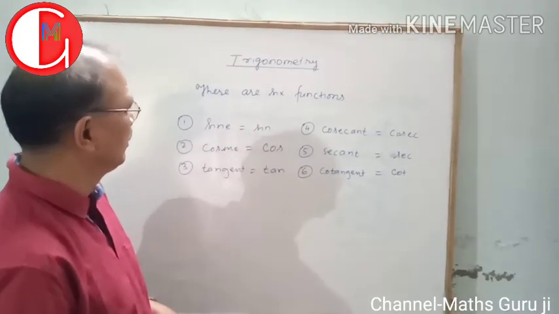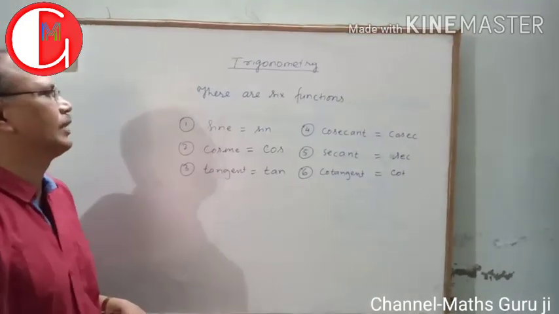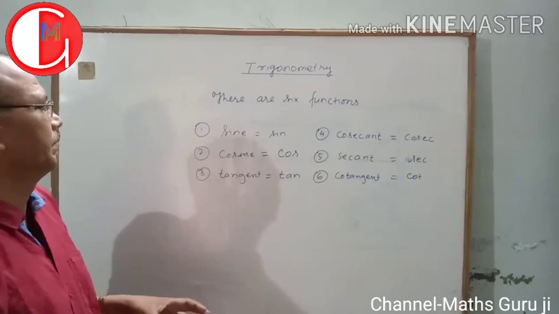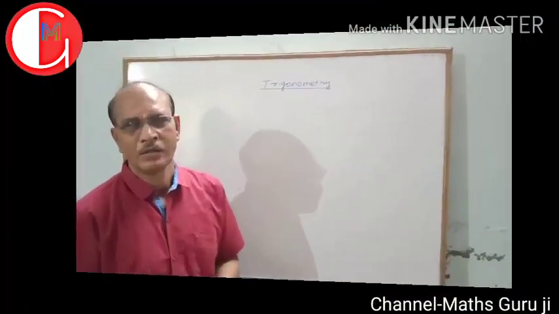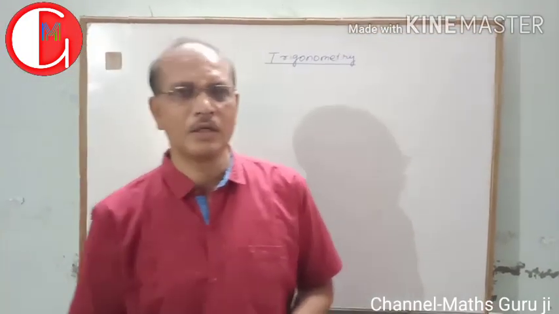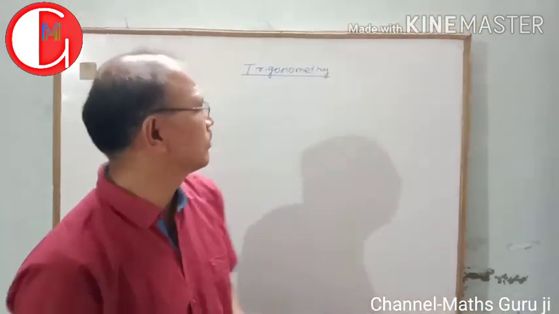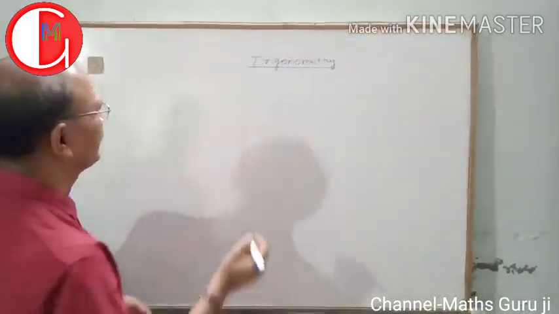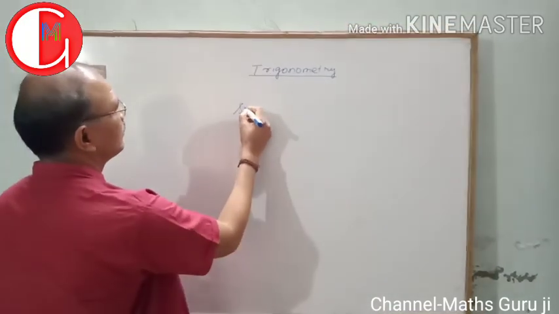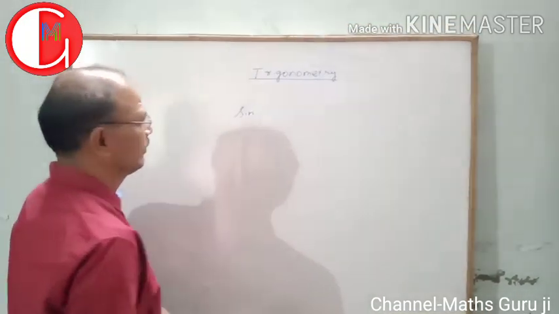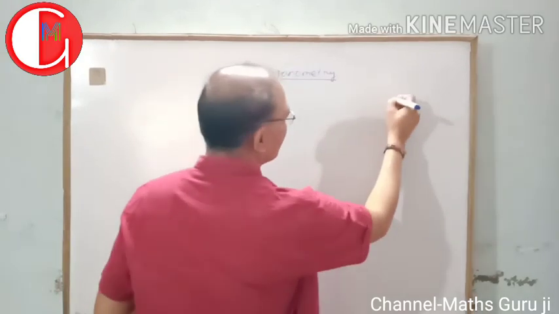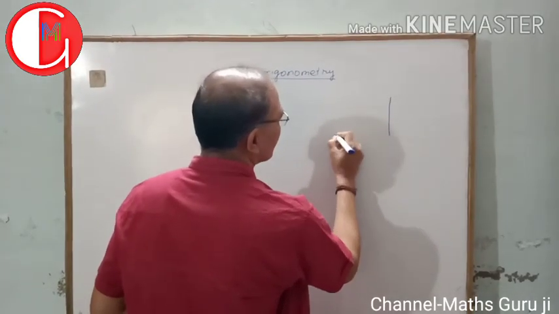So, what is the relation among them? These functions are called trigonometry ratios. So, what is the sine? Suppose this is the figure.